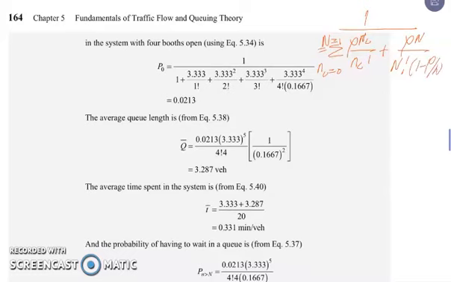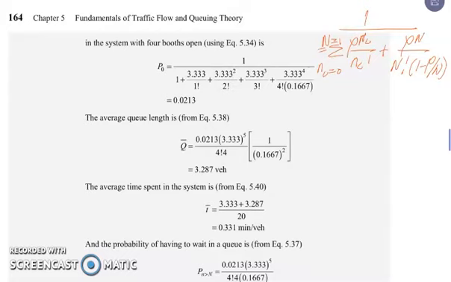So if we substitute, we have computed our rho, which is 3.33. We simply have to get the summation.